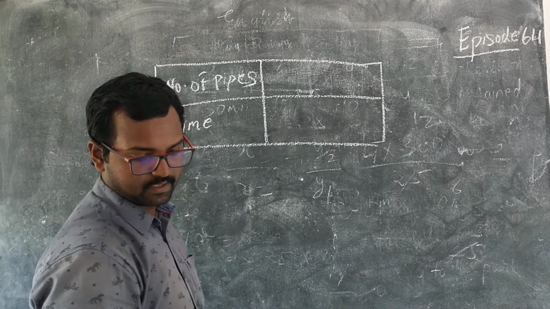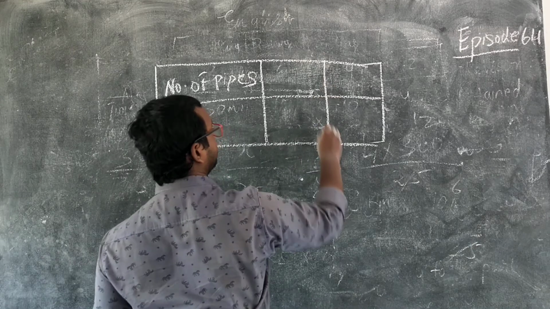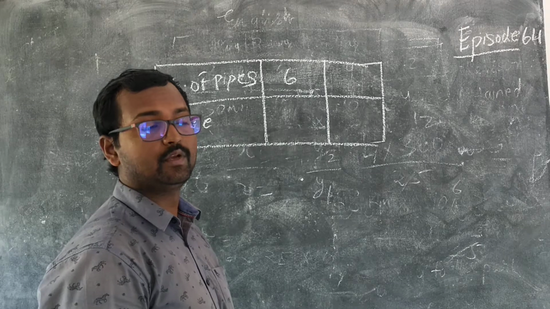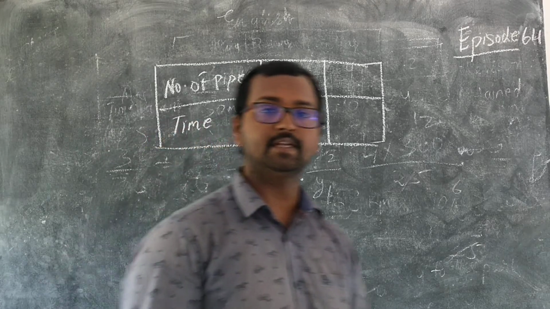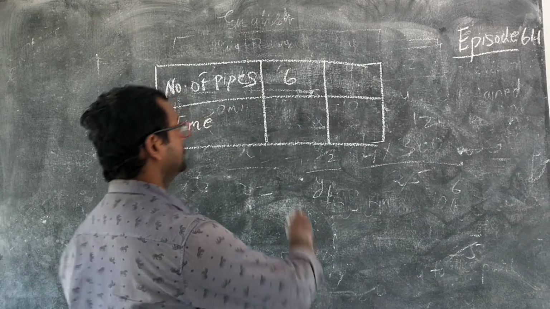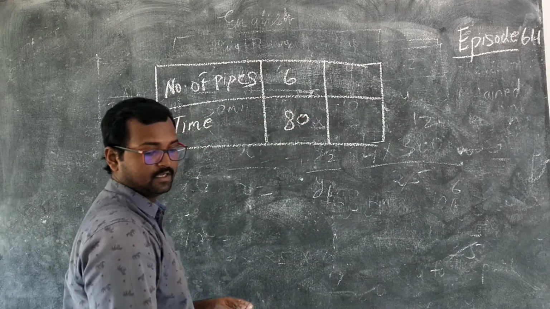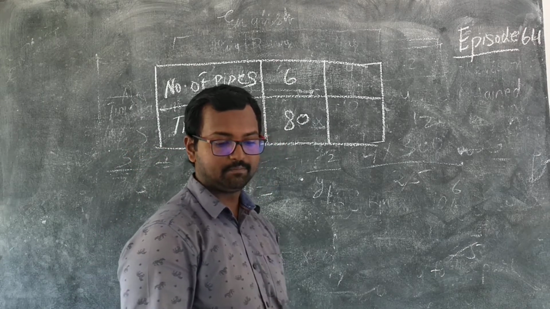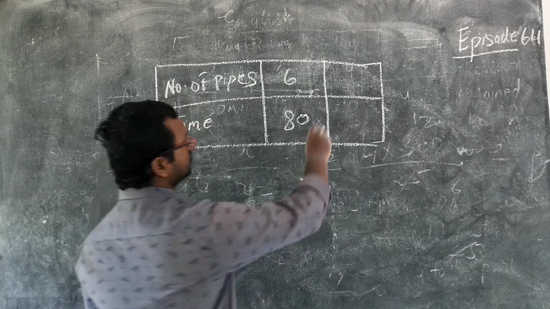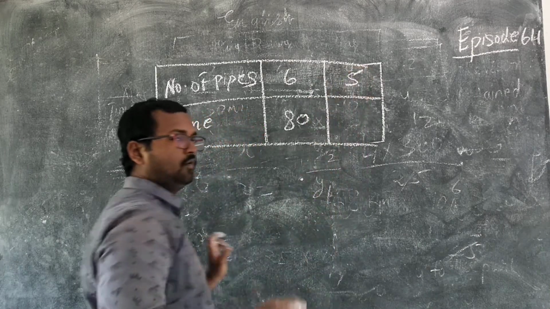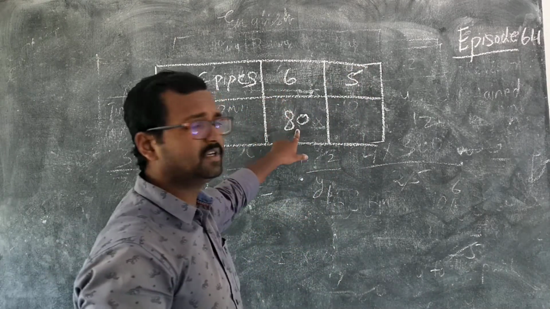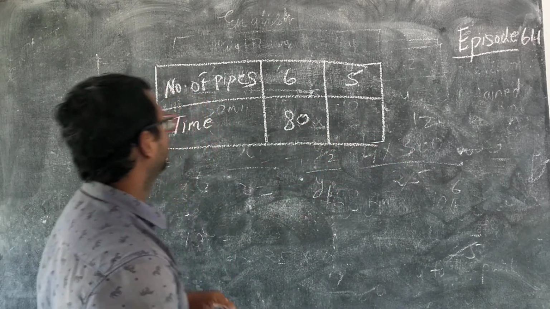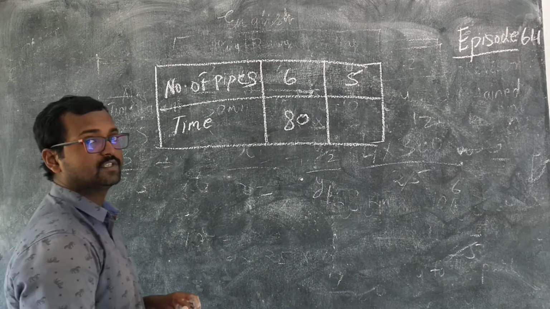The number of pipes is 6, and for 6 pipes it takes 1 hour 20 minutes. 1 hour is 60 minutes, 60 plus 20, so 80 minutes. The next question is, how long will it take if only 5 pipes of the same type are used? Instead of 6, if we use 5, obviously 6 pipes takes 80 minutes, so 5 pipes are going to take more than 80 minutes. Yes or no? Yes. So now we will apply inverse proportion.